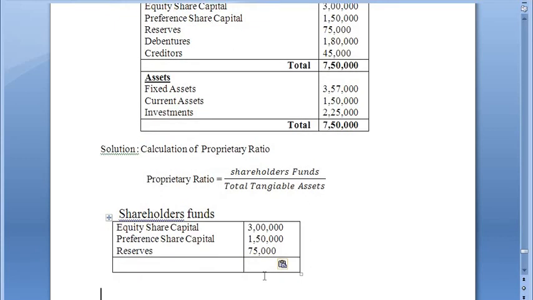Now check in the problem, is any fictitious asset given? No, there are no fictitious assets. So total: 3 lakh plus 1,50,000 plus 75,000 is 5,25,000. So this is the amount of shareholders fund.